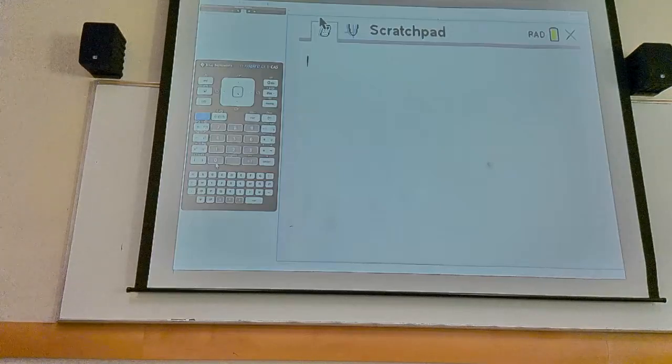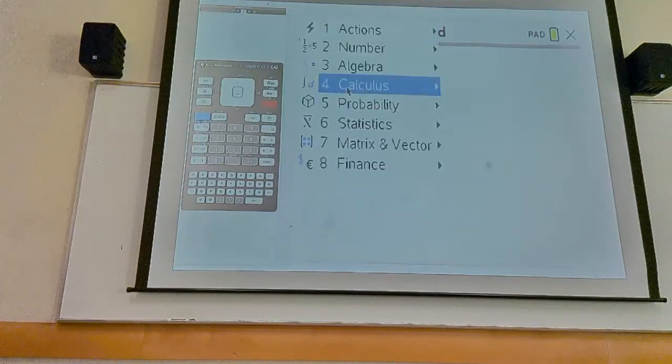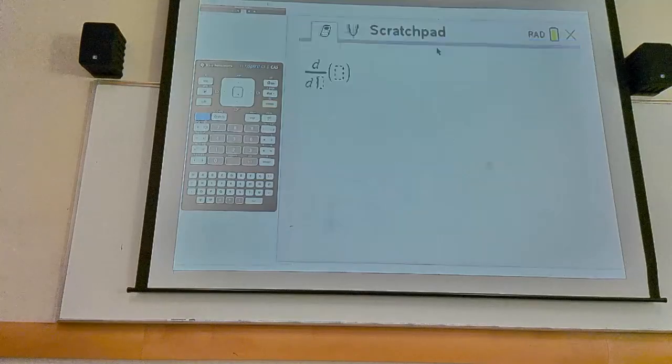This requires product rule and chain rule. And you calculate the derivative with respect to H. There you are.